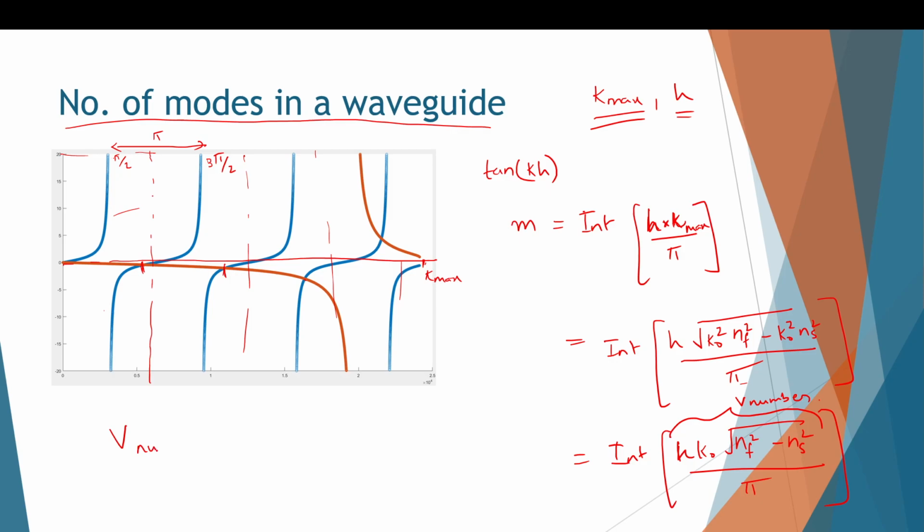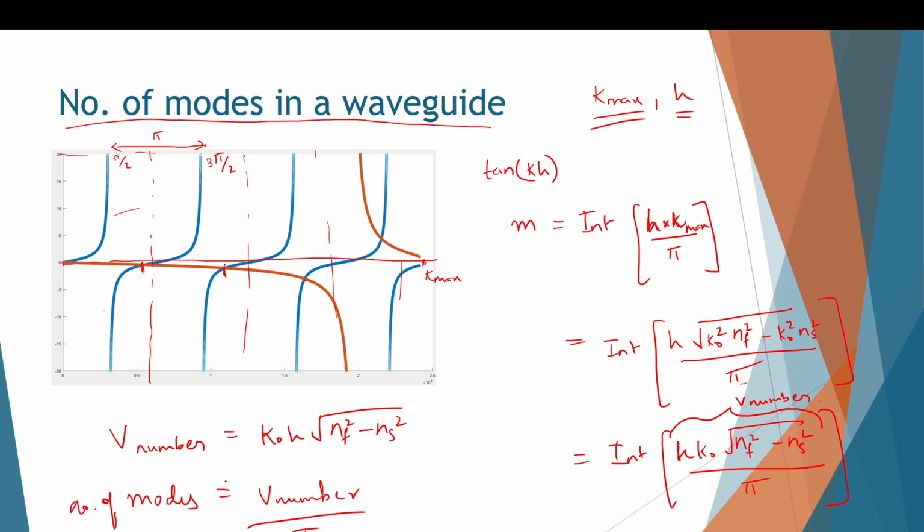V number is nothing but k naught h root of nf square minus ns square. The k naught is nothing but omega naught by c. So the number of modes is nothing but v number upon pi, or the closest integer smaller than v number upon pi. That is how the concept of v number has come from this equation here.